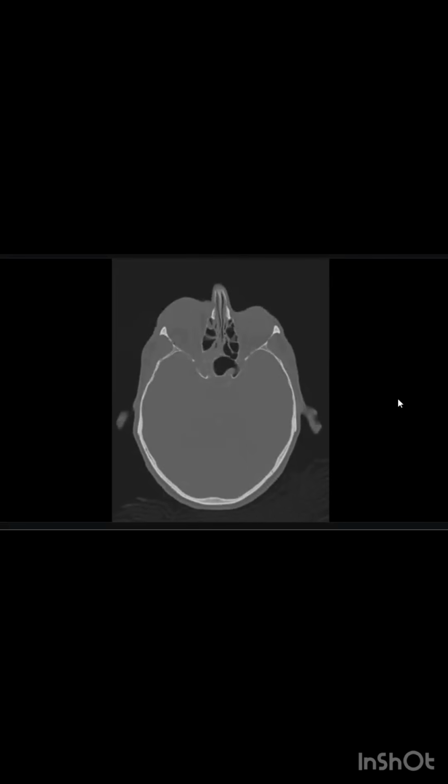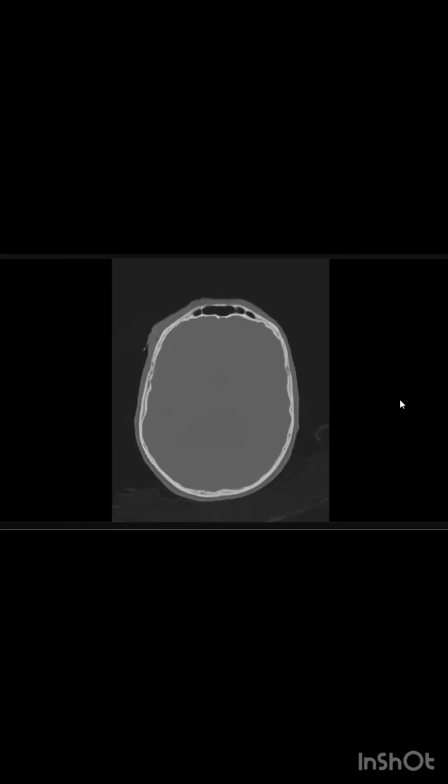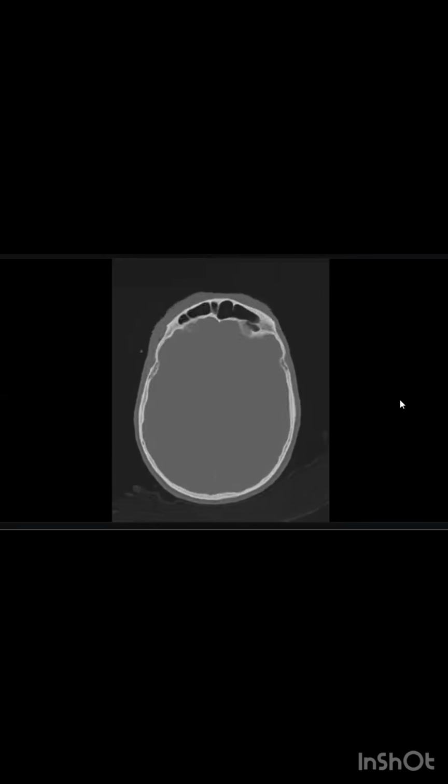Considering the small epidural hematoma in the left parietal region, not associated with any significant bone fracture, and the fracture in the greater wing of the right sphenoid bone, this patient should be referred to the neurosurgery department for further management.